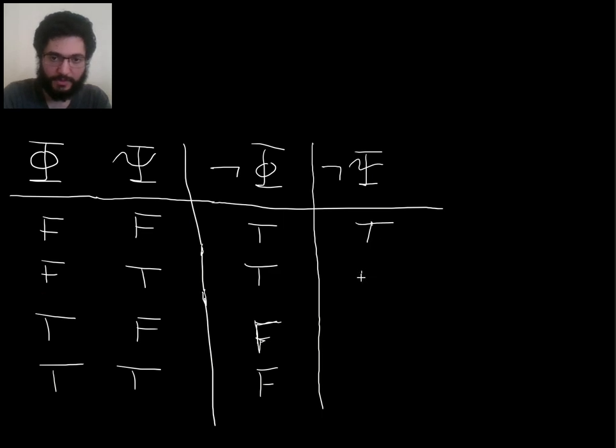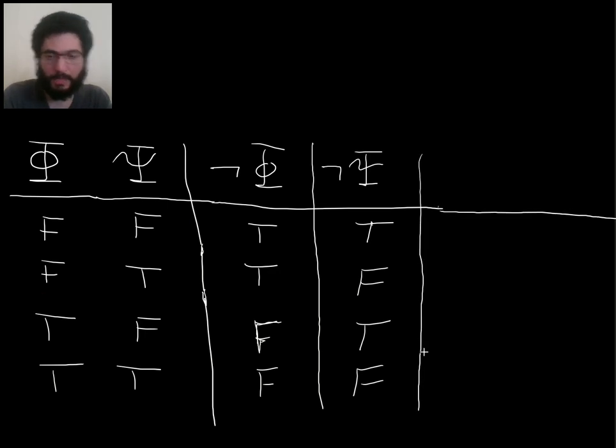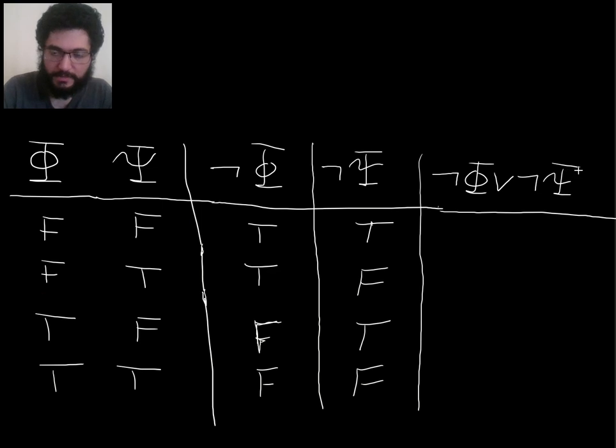If psi is true, not psi is false. And then same information here. Now that we've filled this in, we can actually examine more complicated things. So, for example, what would you say about not phi or not psi? Like this.